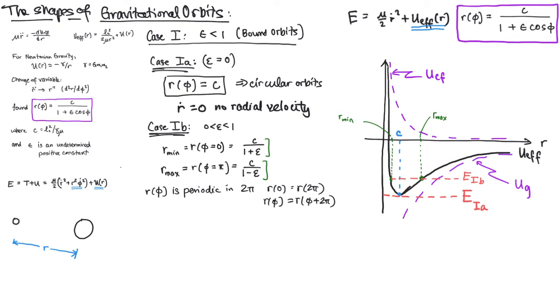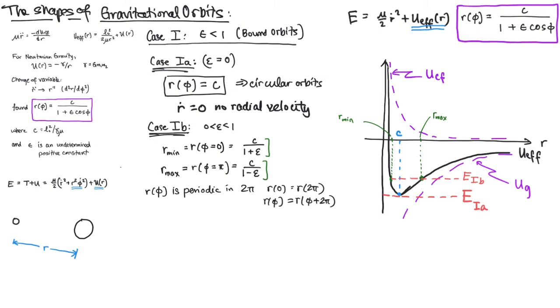So the particle will have a contribution to the kinetic energy from the change of r. Mu over 2 r dot squared will be non-zero in this region. But at these two green points, the turning points, mu over 2 r dot squared will be 0, and the energy for that case 1b will be equal to the effective potential. Those are your turning points in radius.